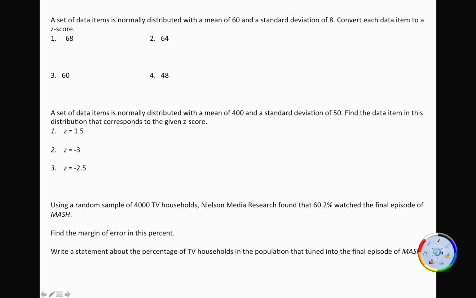Okay, what about this? We have a set of data items that is normally distributed with a mean of 60 and a standard deviation of 8. So, mean of 60 and a standard deviation of 8.